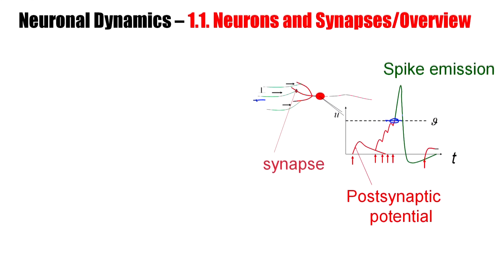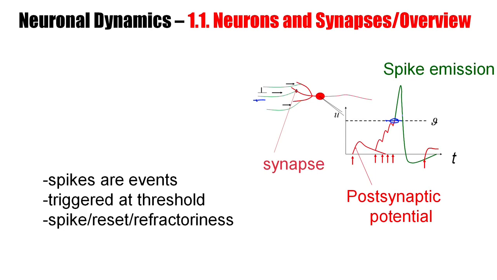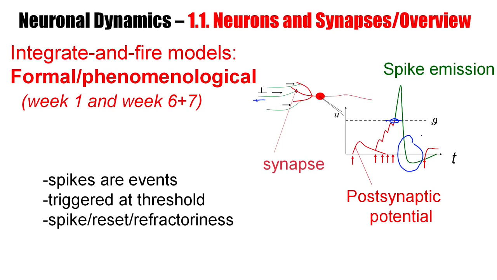At this point, a spike is triggered, an action potential is sent out, and afterwards we have some reset of the membrane potential to a lower value. So in this kind of model, which are called integrate-and-fire models, spikes are formal events. They are triggered at the moment when the membrane potential crosses the threshold, and then a spike is sent out, and after the spike there's some reset and refractoriness.